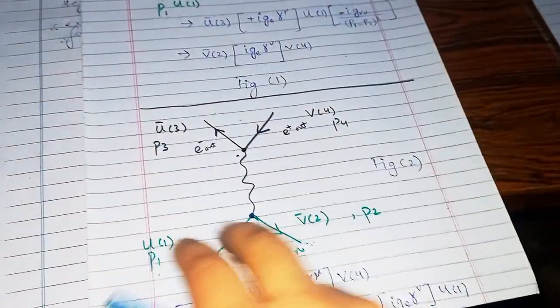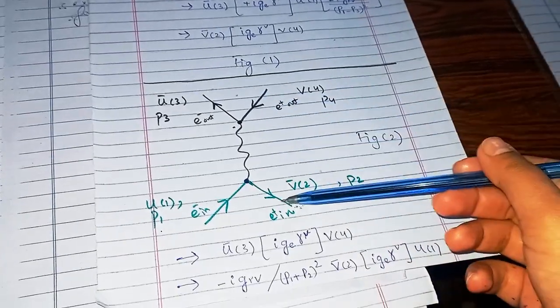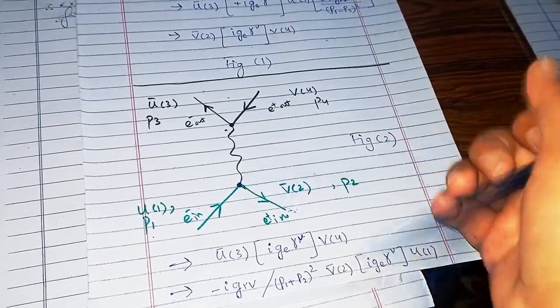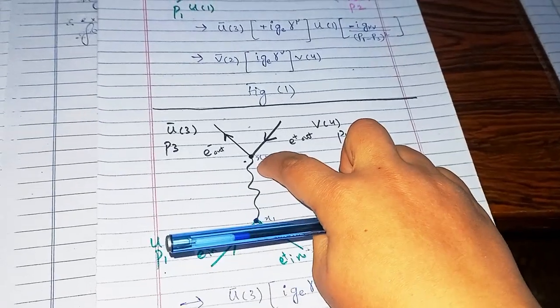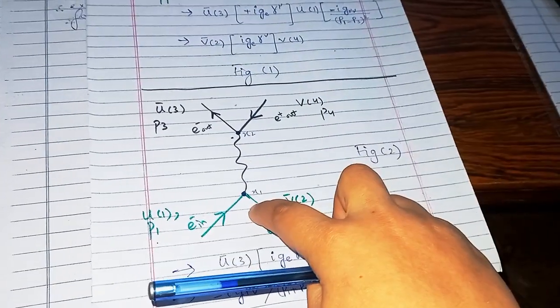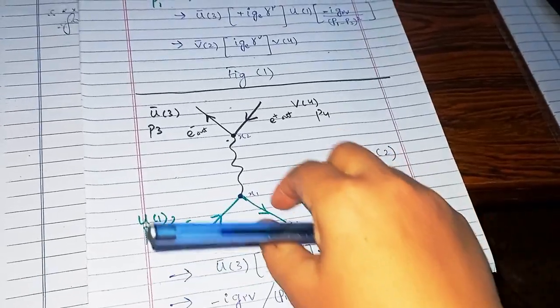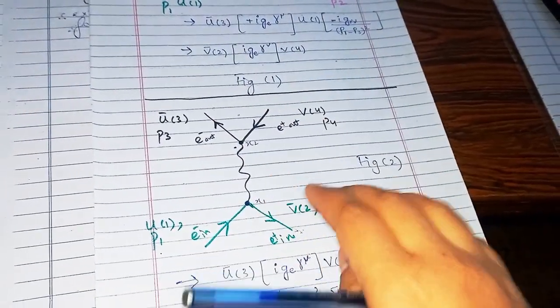If I replace the position of this electron with this position, this is the x1 position and this is the x2 position. If I replace the electron from the x2 position to the x1 position, and similarly what was here from x1 to x2, what happens is that I'm getting this similar diagram.